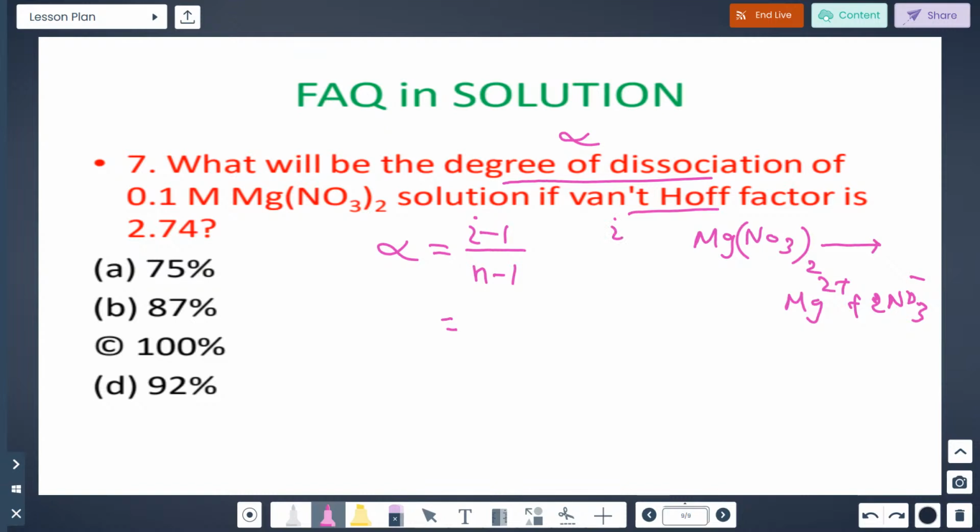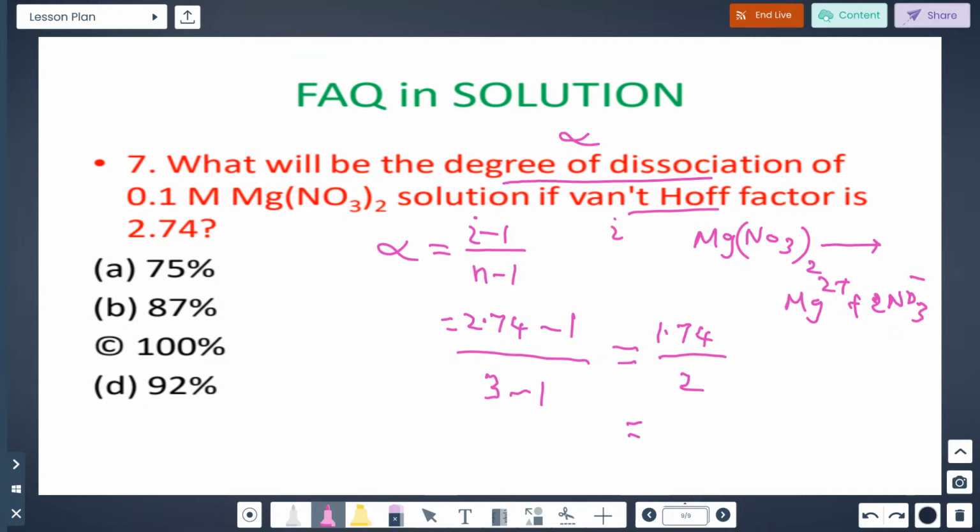This is given. So i is 2.74, minus 1, by n, which is the number of particles in solution. If you dissolve magnesium nitrate in water, it produces 1 magnesium ion and 2 nitrate ions. So totally 1 plus 2, you got 3 ions. Then I put 3 minus 1. So it becomes 1.74 by 3 minus 1, which is 2.